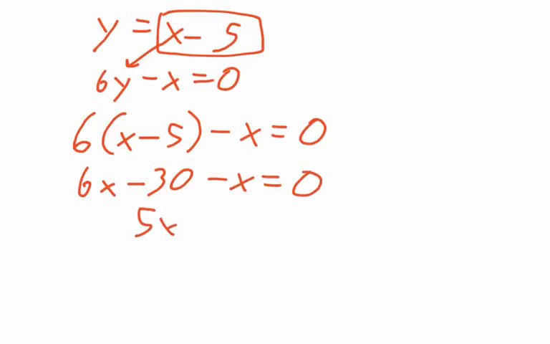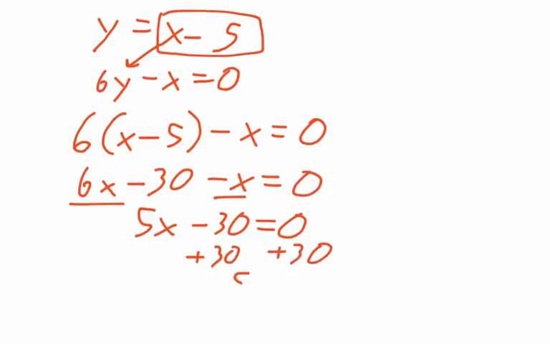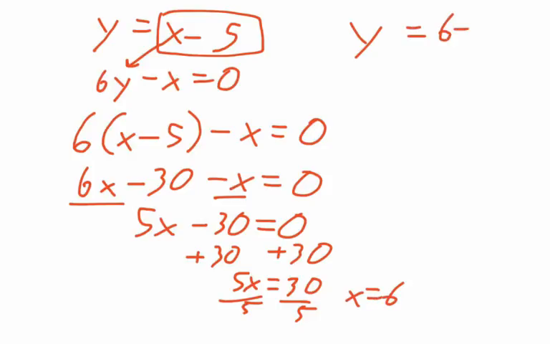Combine like terms, 6x minus x is 5x, minus 30 equals 0. Add the 30 to the other side. 5x equals 30. X equals 6. Y equals 6 minus 5. Y equals 1.